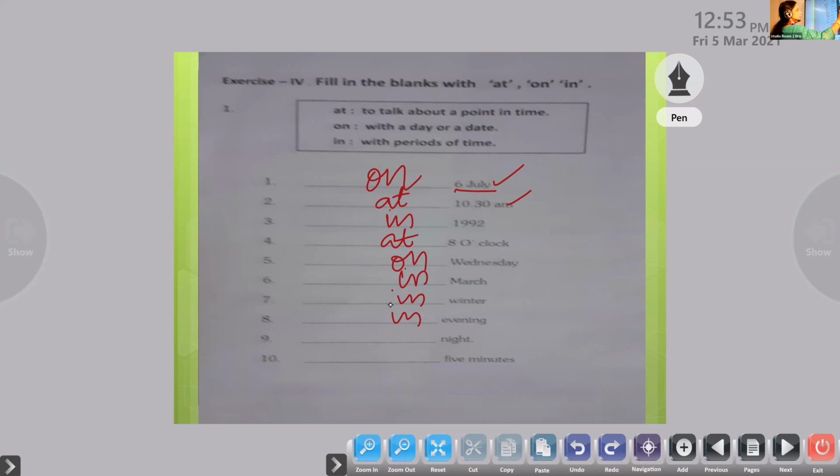Come on, Santino. Do the next one. At, very good. At night. Okay, it is at.